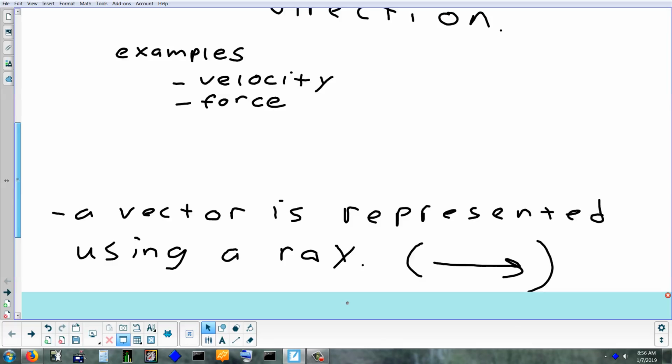The way the arrow points, there's your direction, but what about the arrow could be the magnitude? If I had 2 cars going in the same direction and I wanted to represent one's going faster, how could I draw the arrow to represent that that car is going faster?